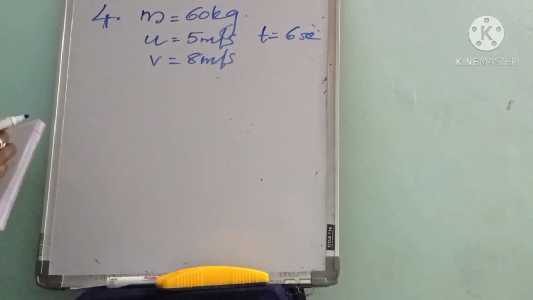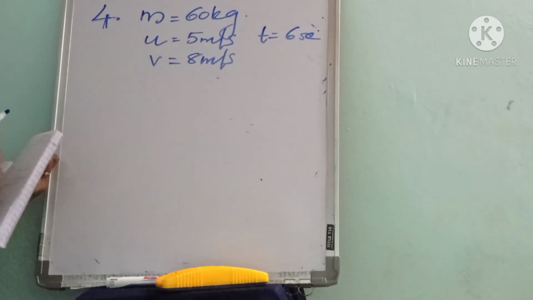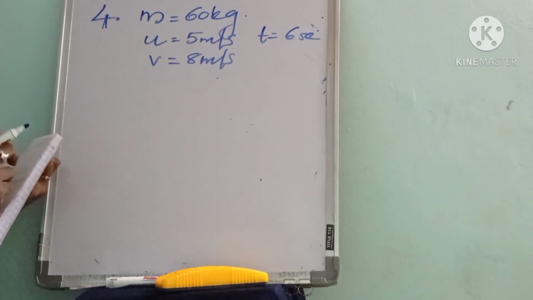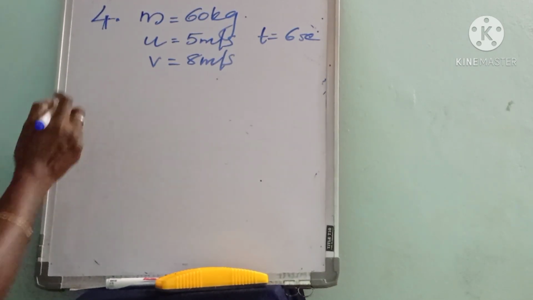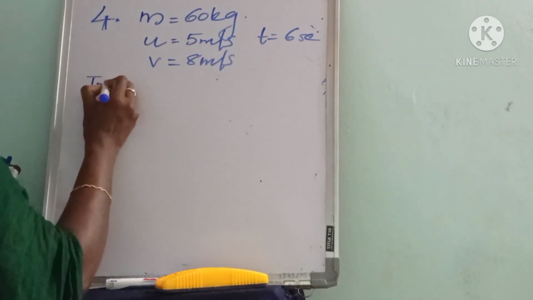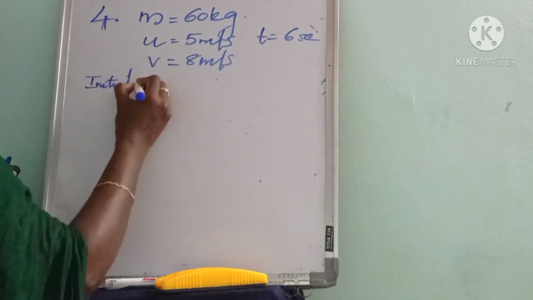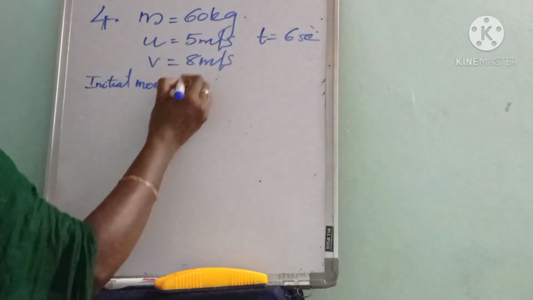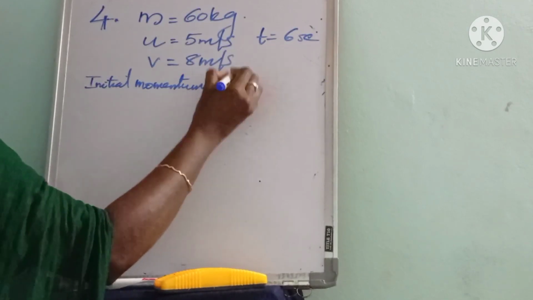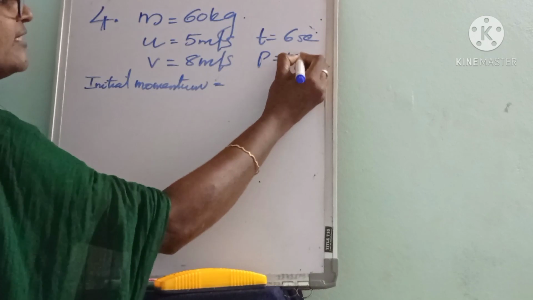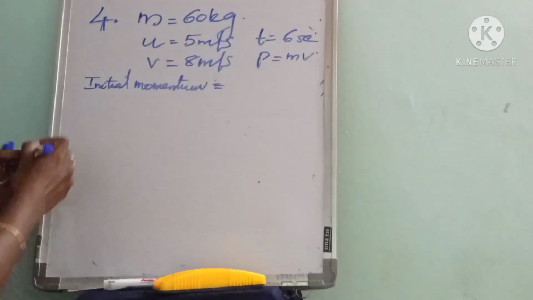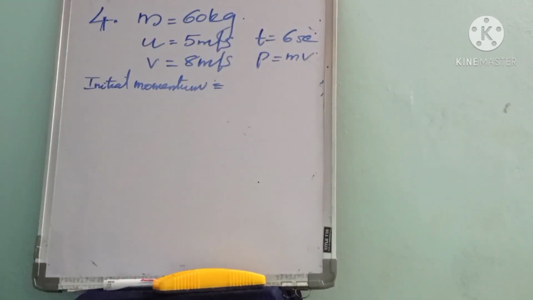Then what are the things we have to calculate? Initial momentum, then final momentum, then force applied to accelerate. So we can calculate the initial momentum. What is the equation for momentum? Momentum P is equal to mass into velocity.